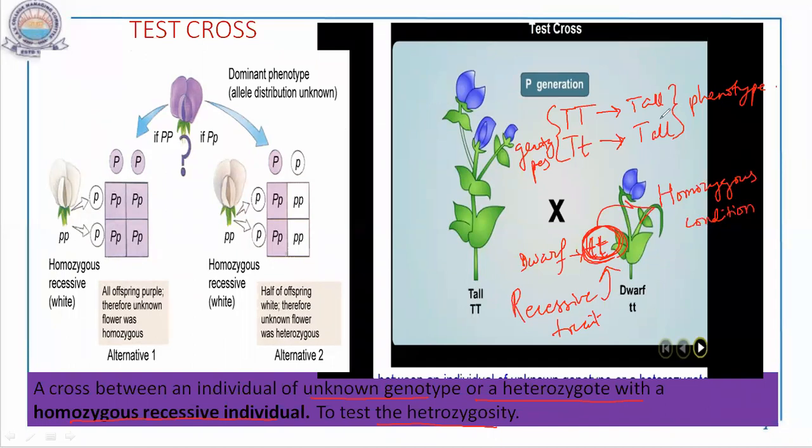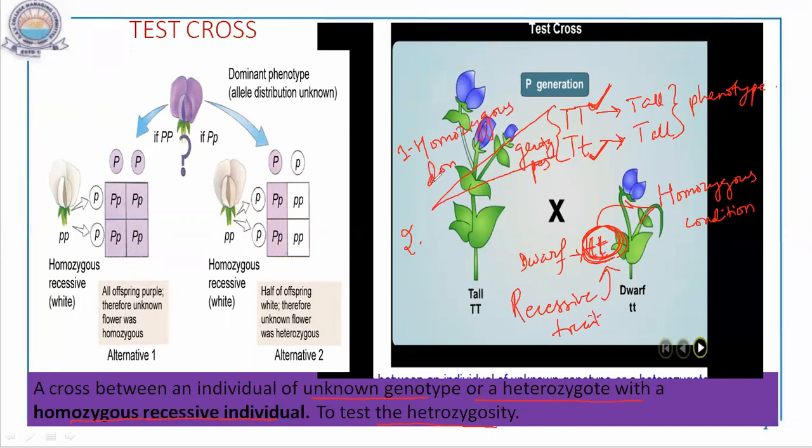But on the other hand, if you look at the dominant trait, for example here we have taken tall, so both of these are expressed in which form? Capital T, capital T is homozygous, and capital T, small t is heterozygous.